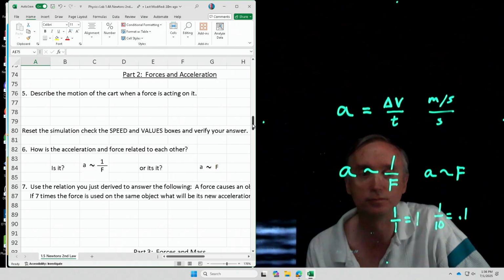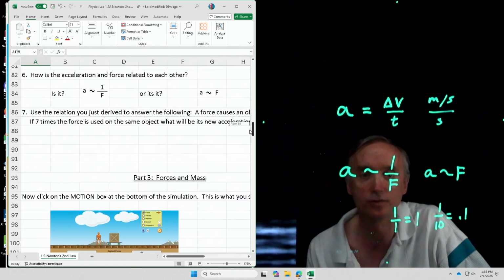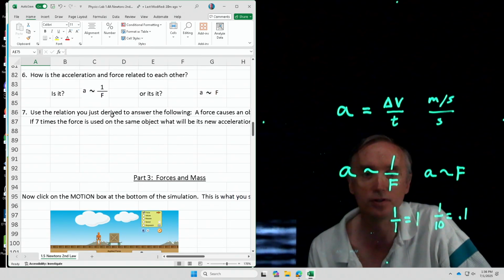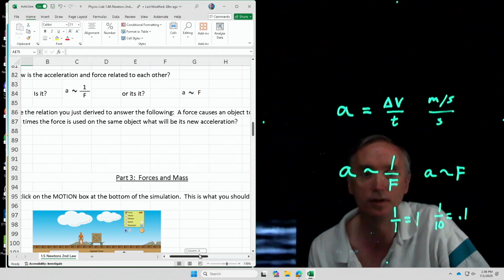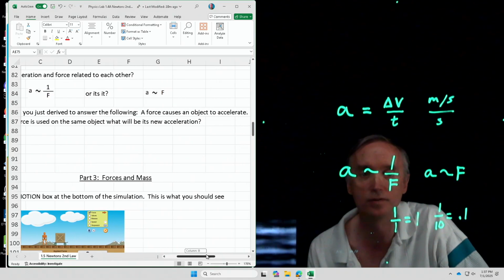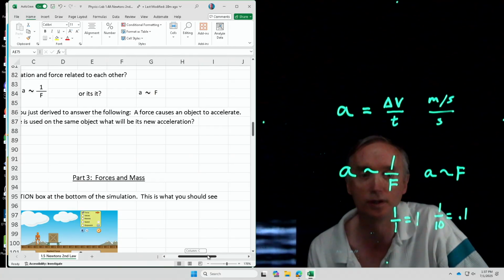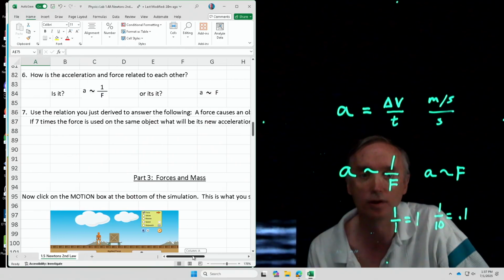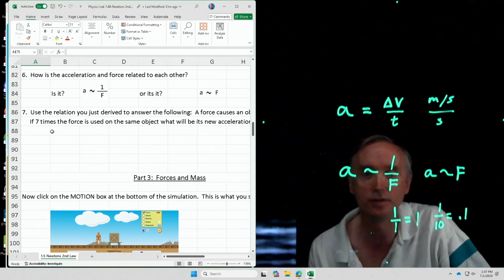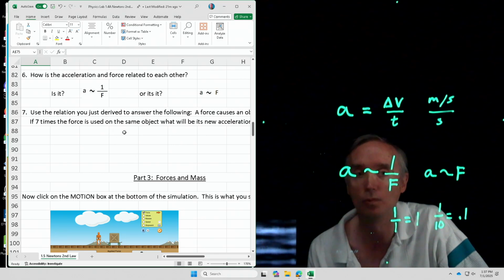Okay, now once you've figured that out, use the relation you just derived to answer the following. It's off the screen here. A force causes an object to accelerate. Now 7 times the force is being applied to the same object. What's going to be the new acceleration?